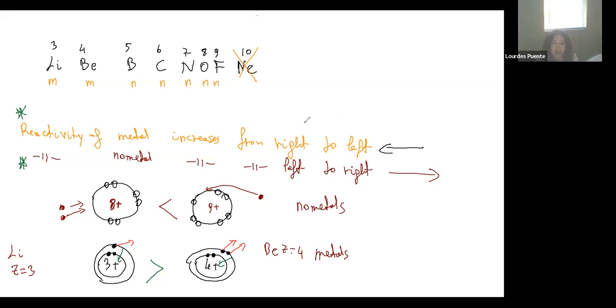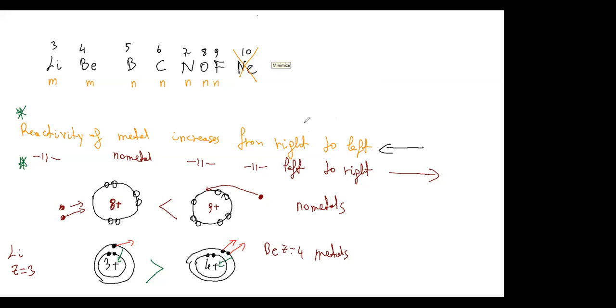Valeria says that if you can repeat again. Okay, okay. So Valeria, we are here. We are comparing lithium with beryllium. They are in period 2 of the elements. Here is lithium, number 3, and beryllium, number 4. I'm just making an explanation. Which of these two metals is more reactive?